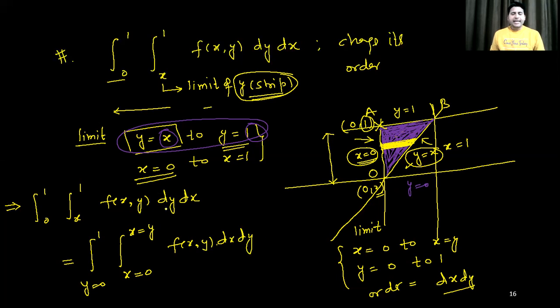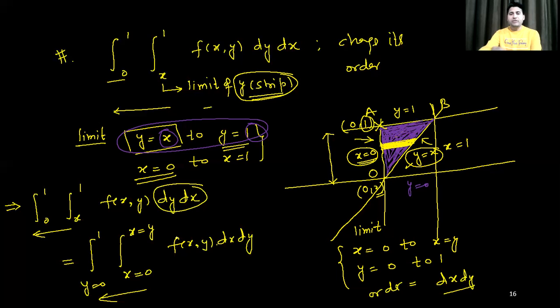You can see in the original question the order of integration is dy dx, and in the new one it is dx dy. And this is how we can change the order of integration by drawing the region with the help of the given limits.